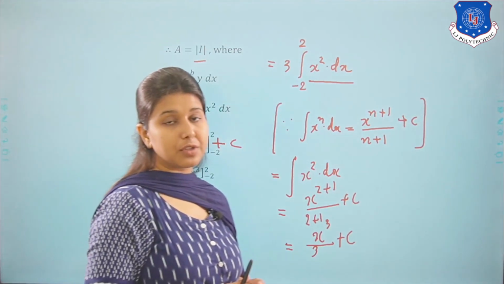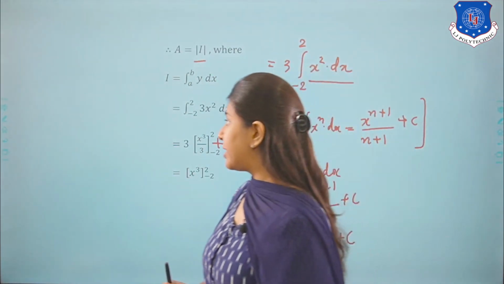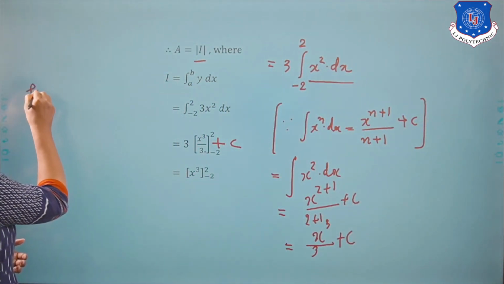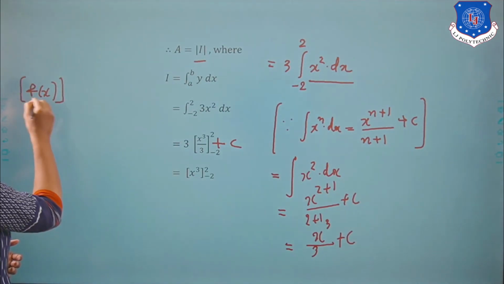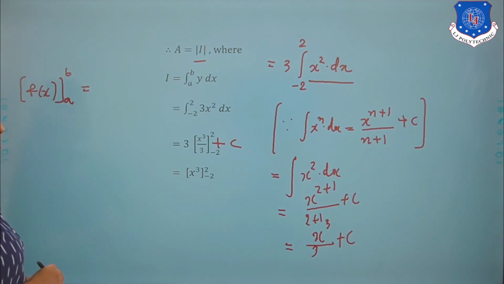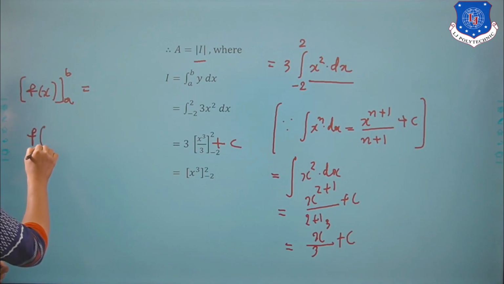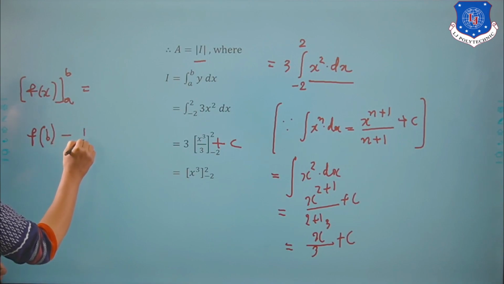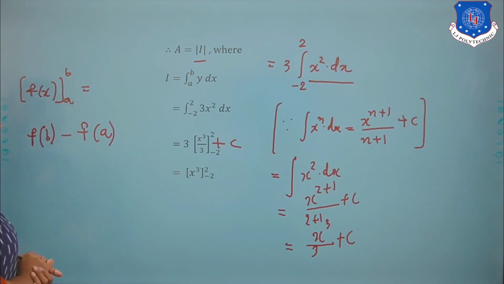Now how to put the limit in the function? For that, we have a formula: if you have function f of x and limits a to b, you can write it as f of upper limit, that is b, minus f of lower limit, that is a.